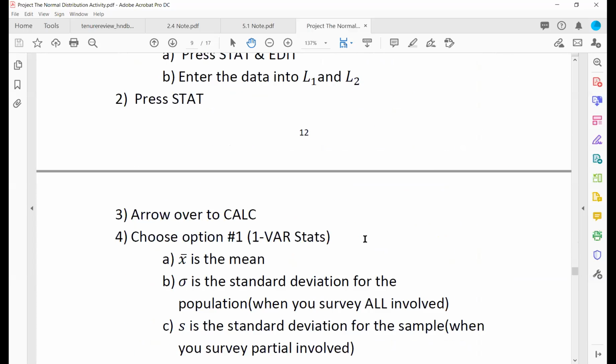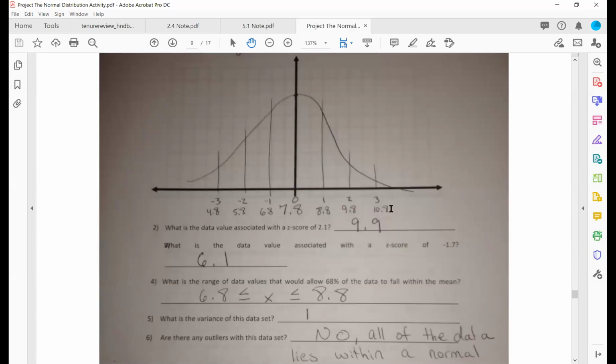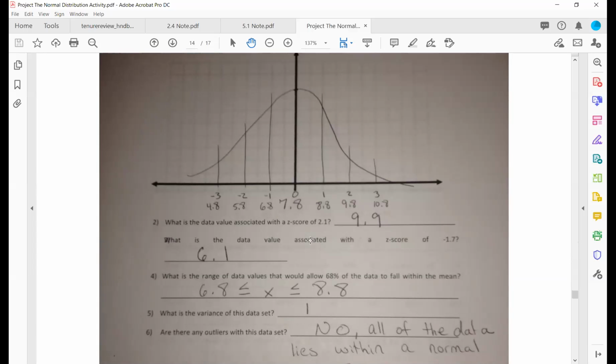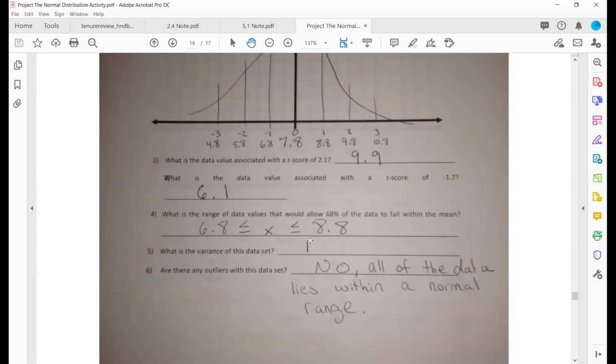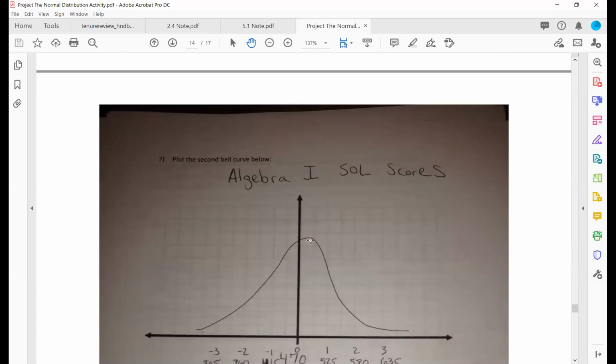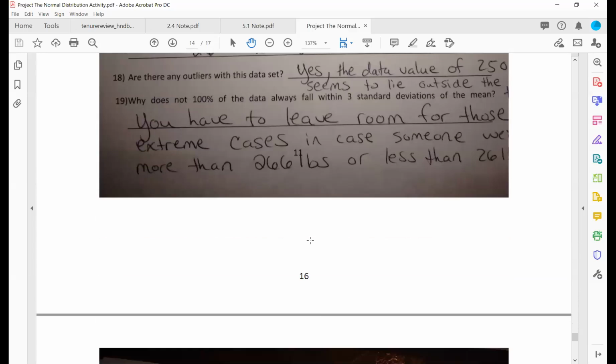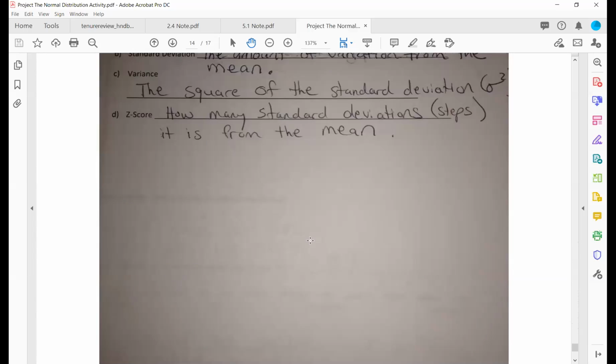Well, here's a sample for you. Students collect the data, answer the questions, graph the data, the second one and the third one, and their answers to the questions.